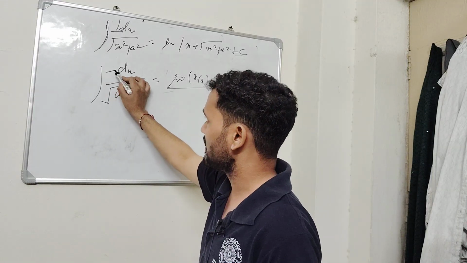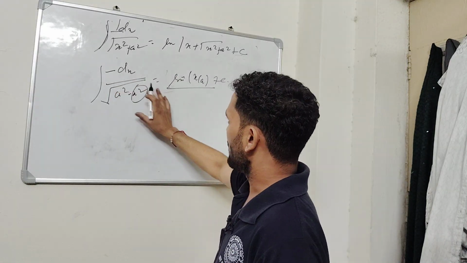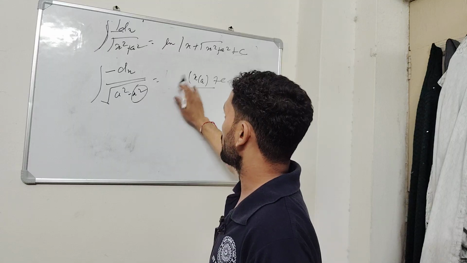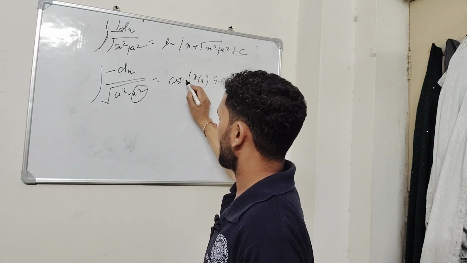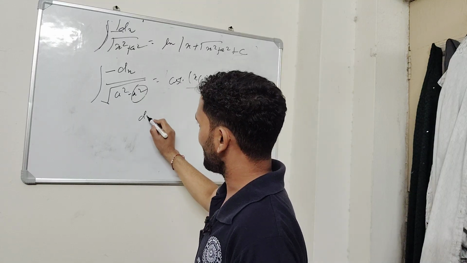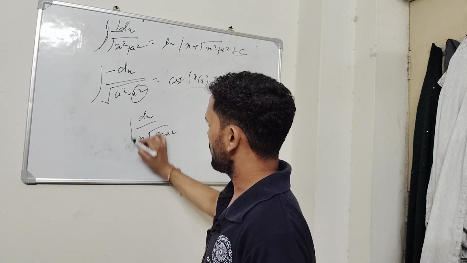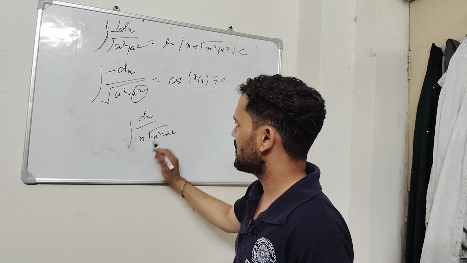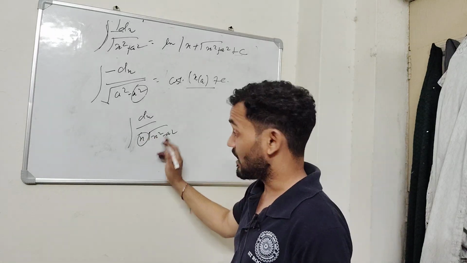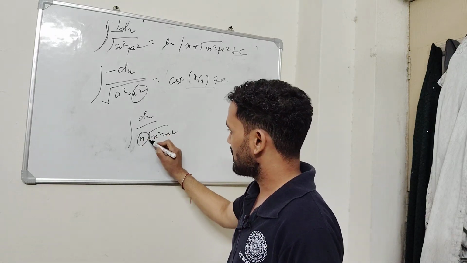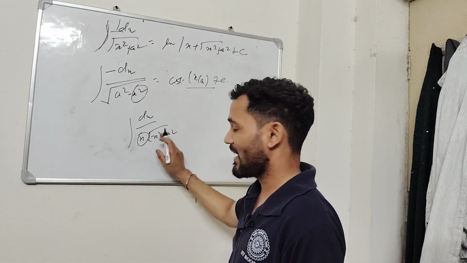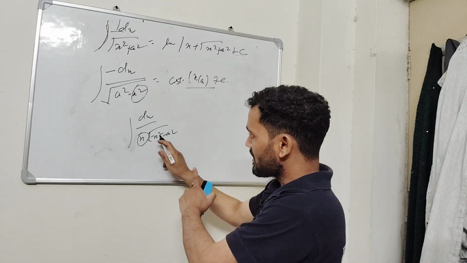If minus c is here, then this integration is converted into cos inverse x. If dx, this one is x square minus a square. So what is the integration of this one? This one is x outside and this one is inside, as x square. Then x comes out.